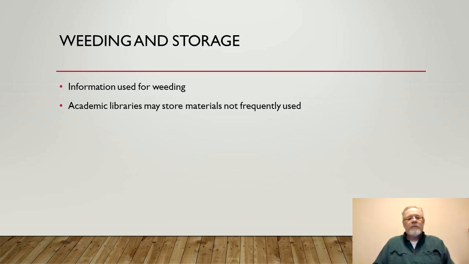Academic libraries may store materials not frequently used but important to have. Some libraries will not actually have materials on the shelf, but rather they move them to a storage area. Some libraries have used bin storage, where when a person requests an item, it's actually physically brought up to them.